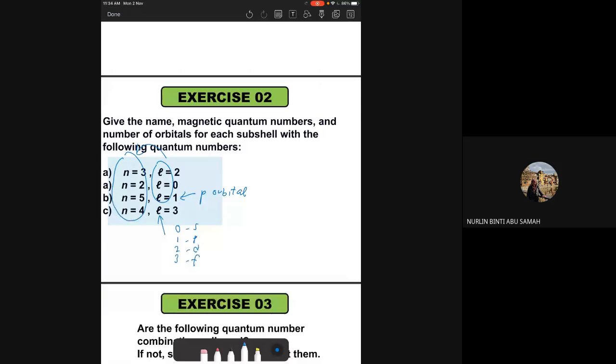Like for this one, 3 is F orbital. This one, 2 is D orbital. And 0 is S orbital. So that is the answer.